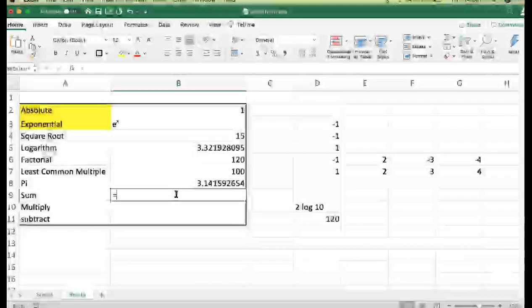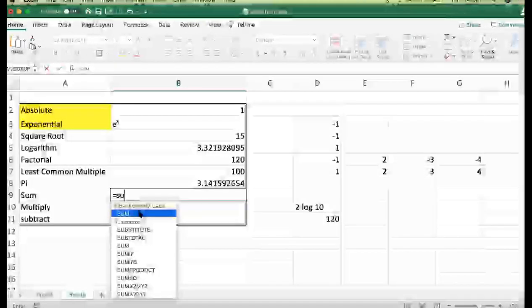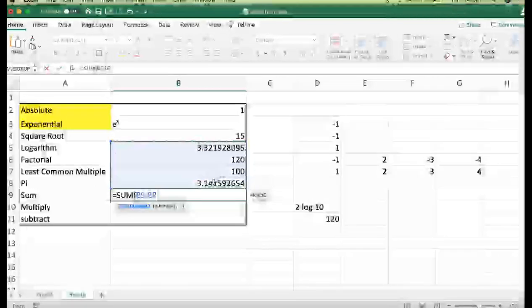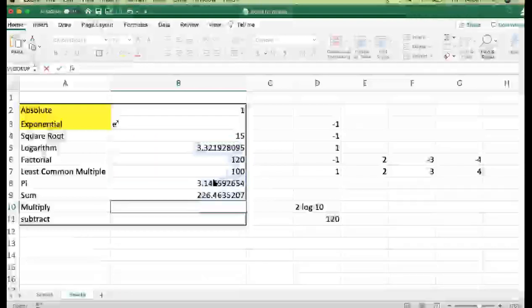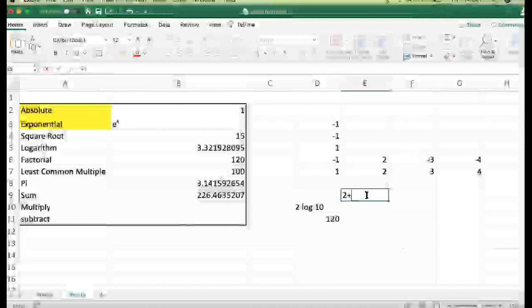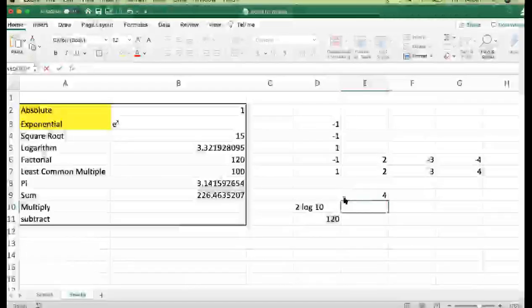And if we want to take the sum of numbers, then what we have to do is equal to sum. Suppose this one, this one, this one, this one, I want to take the sum of all of them, then it will be 226. Suppose I want to take the sum of 2 plus 2, I can do it this way as well, is equal to this.